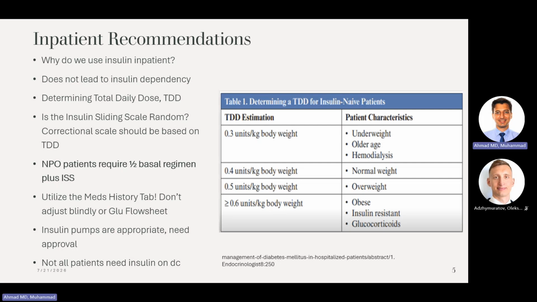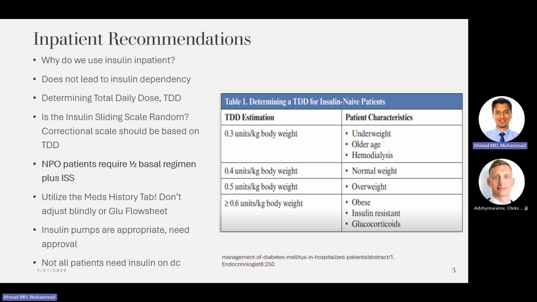One of the most important things in this lecture, and you'll hear it abbreviated in rounds, is to know the TDD, the total daily dose. That's the amount of insulin you can calculate that your patient should need in 24 hours.